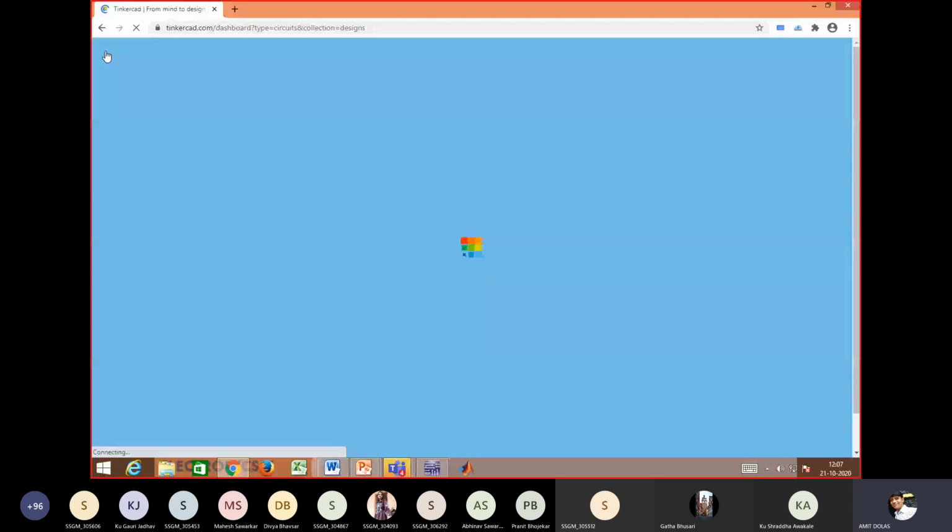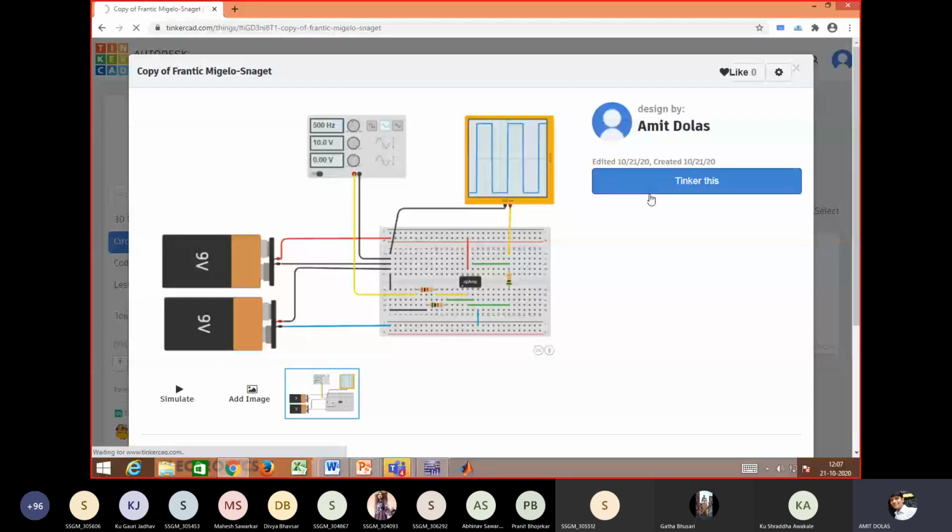I just converted this into the non-inverting Schmitt trigger. I'll show you input and output here in the circuit with the same arrangement, with the same IC. I just changed the input from minus to plus, that is inverting to non-inverting.